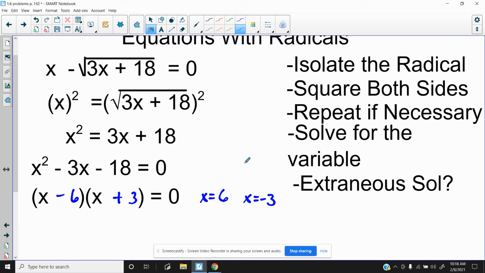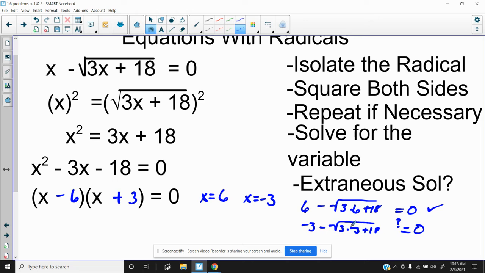So let's check the number 6 by replacing all the x's with 6. Is this a true statement? Is 6 minus the square root of 36 equal to 0? Yes, it is. Is negative 3 minus the square root of 3 times negative 3 plus 18 equal to 0?